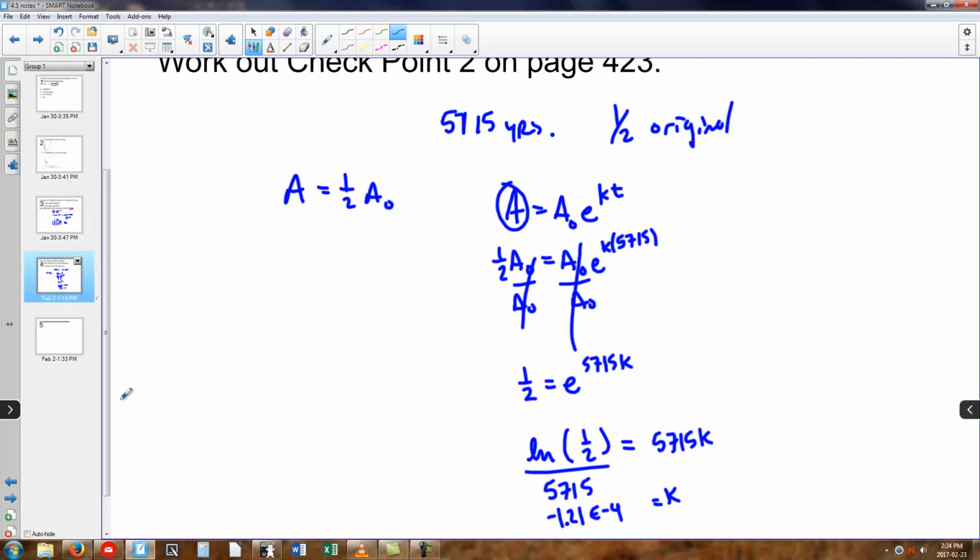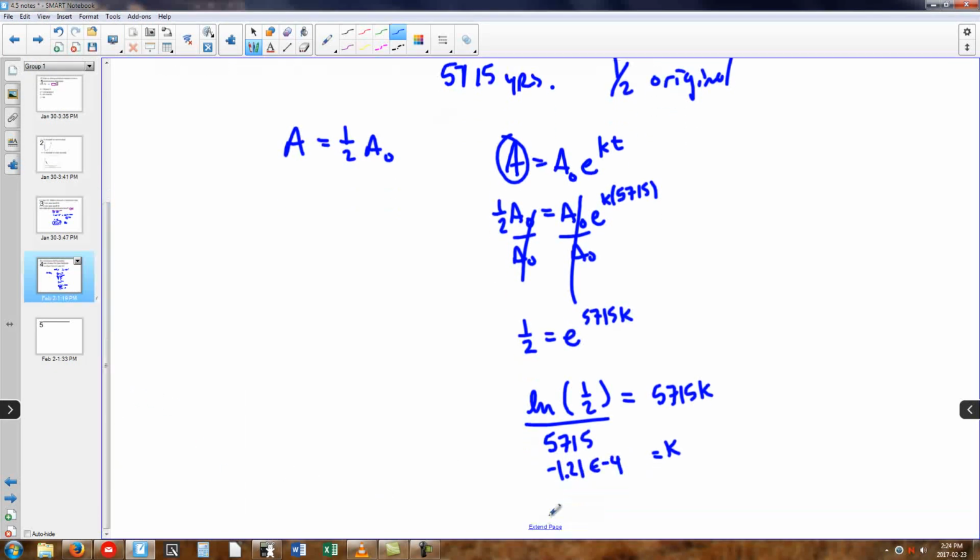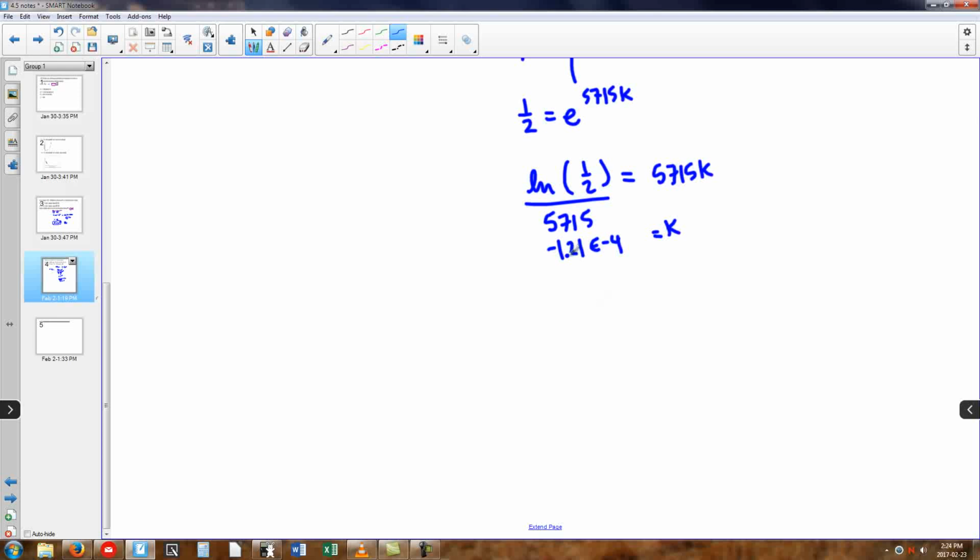Now that e negative 4 is the scientific notation from the calculator, which means to move the decimal 4 places left: 1, 2, 3, 4. Meaning I would have negative 0.000121 for k. That's a very small number, but this is radioactive decay, carbon-14.